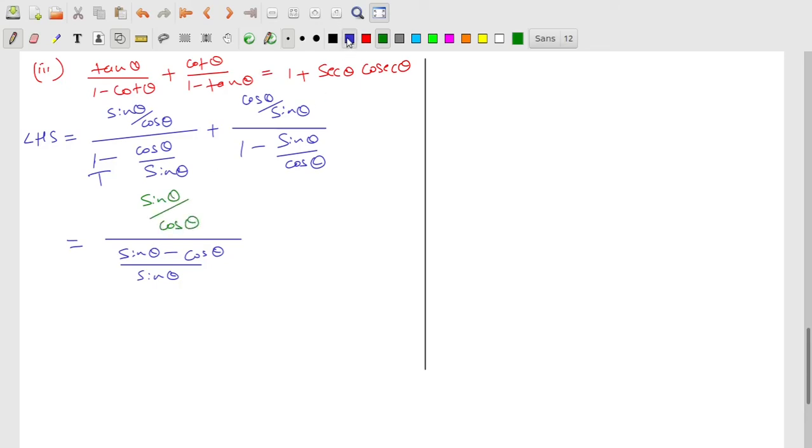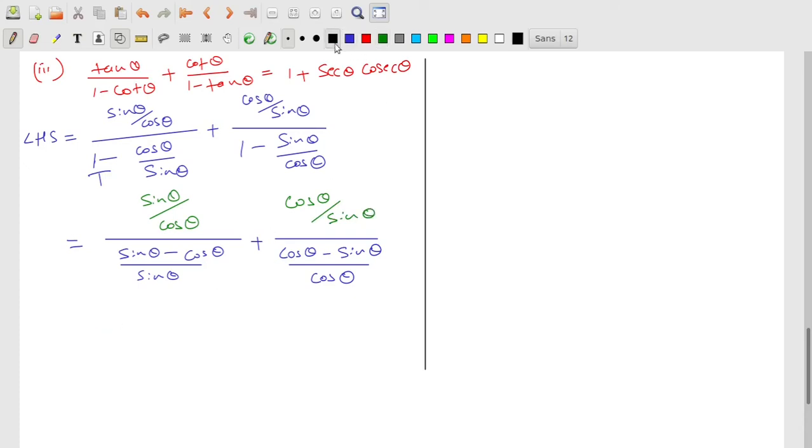Again here the denominator, the LCM is cos theta, if you cross multiply you will get cos theta minus sin theta, and in the numerator cos theta by sin theta.